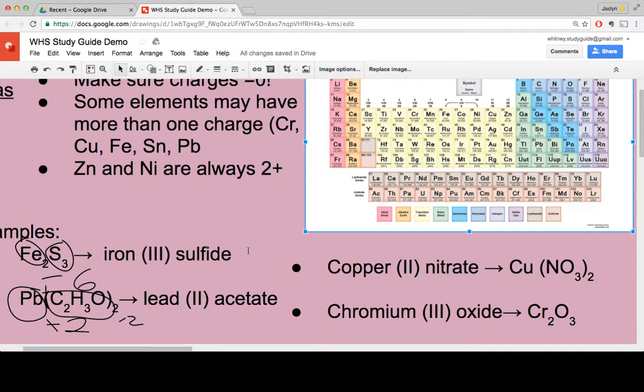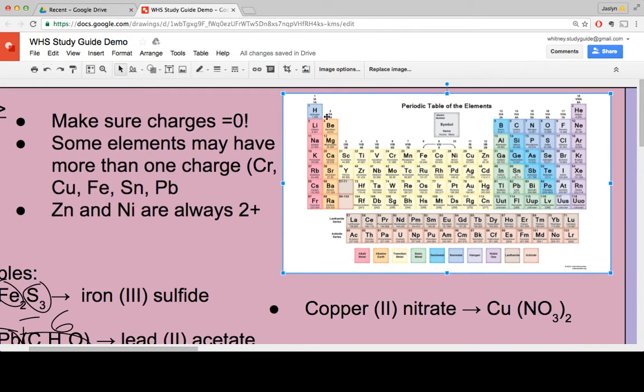So there was a question: do the middle elements all have multiple charges? So here, for the non-middle elements, you can determine, so this column, this column, this column, and then all of these, you can determine where they are based on the column.